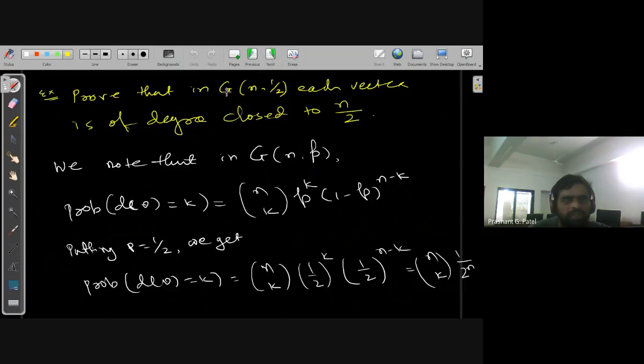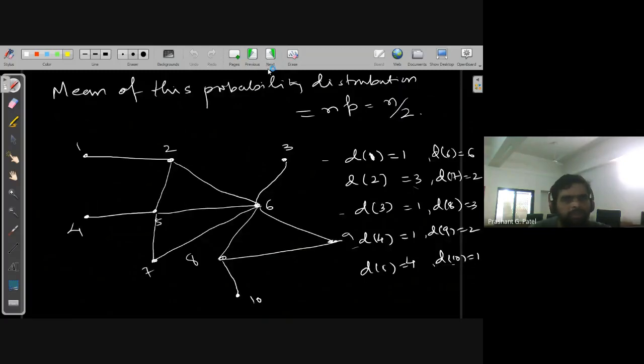Then in the G(n, 1/2) model, that means the probability is 0.5, the degree of each vertex will be close to n/2. That we proved in the example. And then we saw what we mean by degree distribution.